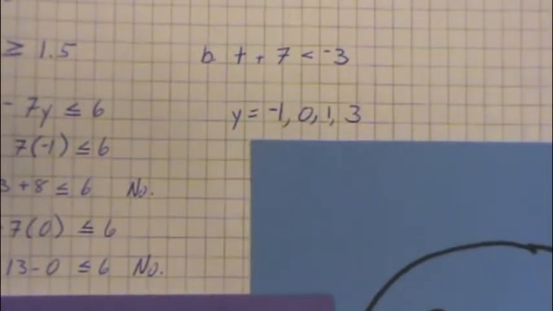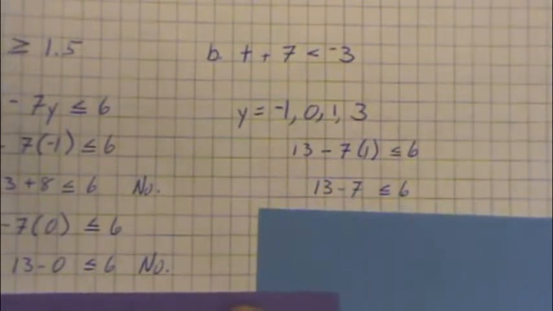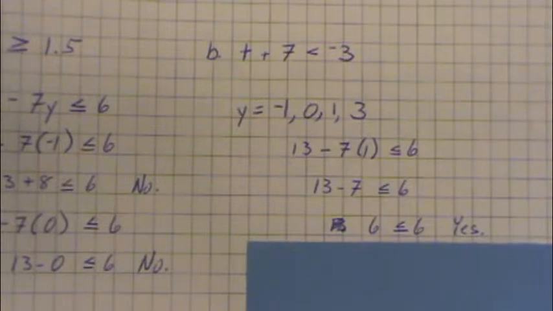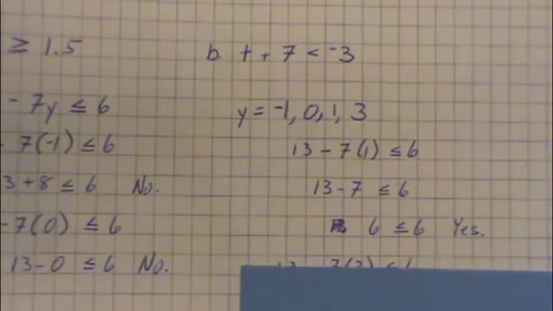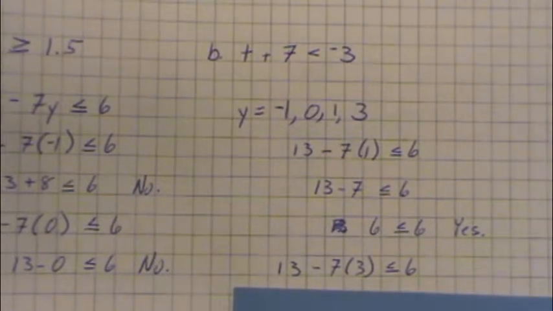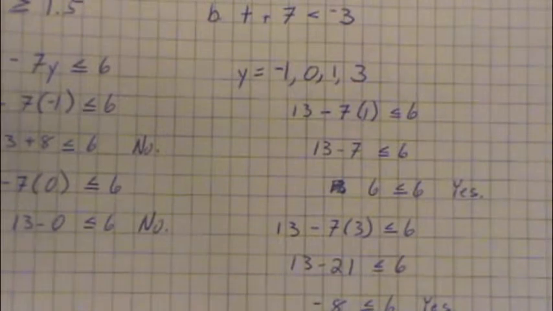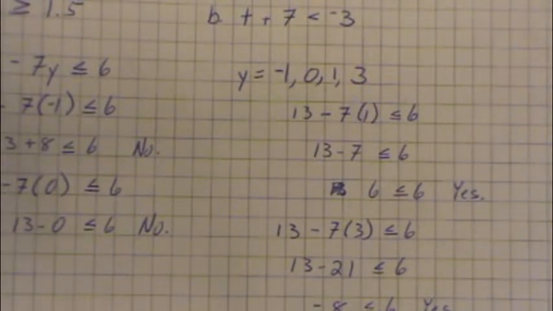Did they give us all losers, or are some of these going to work? Put in +1. 13 minus 7 is less than or equal to 6. So that works. And let's try 3. 13 minus 21 is less than or equal to 6. So that is also a solution. 2 solutions, 2 not solutions.